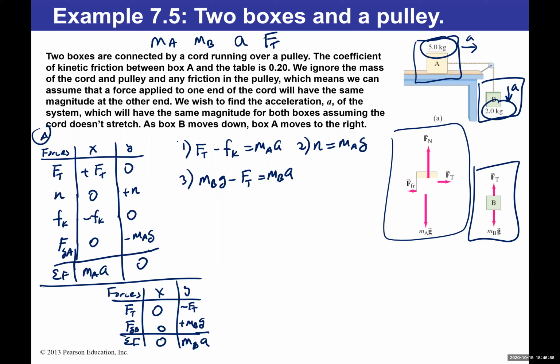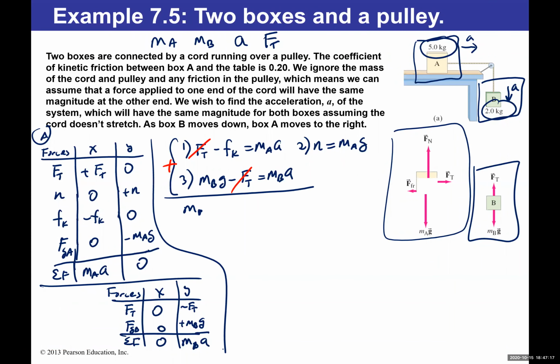And the easiest way will be to take the 2 equations with acceleration, which are 1 and 3, and add them together, because if I add them together, the tensions basically cancel out. So if I add those 2 together, what I end up with is this.